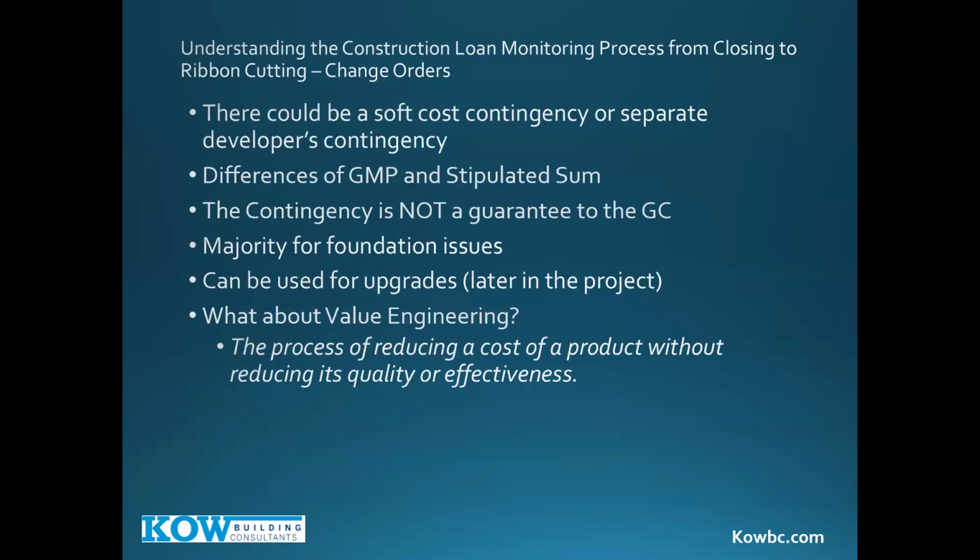Now, there could also be a soft cost contingency or a separate developer's contingency. But generally speaking, we're looking at the hard cost contingency. And I'll also tell you, one of the things we've seen over the last year, not every project, but a number of them, is they're adding another contingency called a tariff contingency.